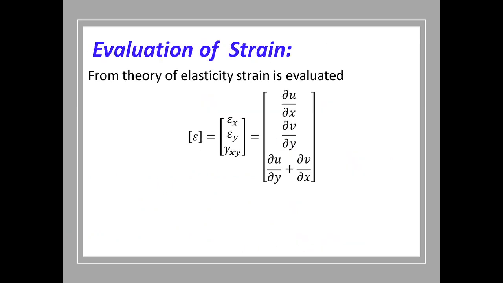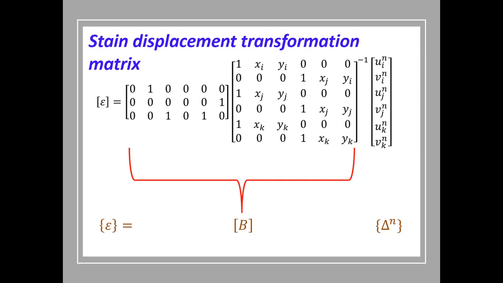The theory of elasticity can now be used to evaluate the strains, as demonstrated by this equation in terms of the displacements u and v. Thus, merely differentiating this equation is all that is required. And if we do that, we obtain a solution in terms of the nodal displacements.